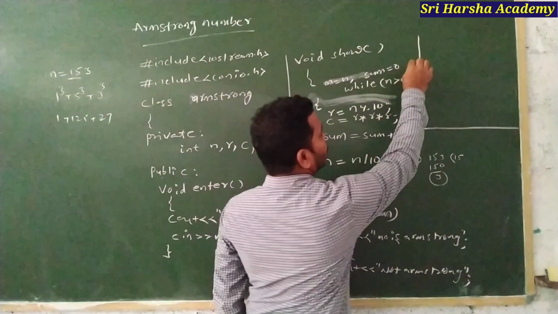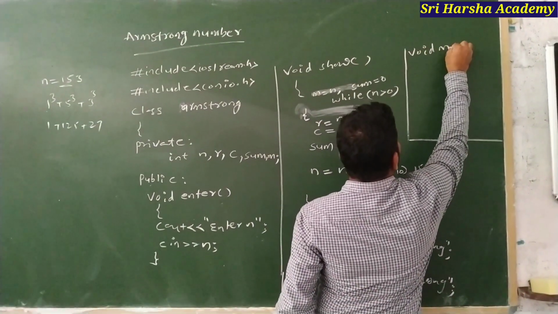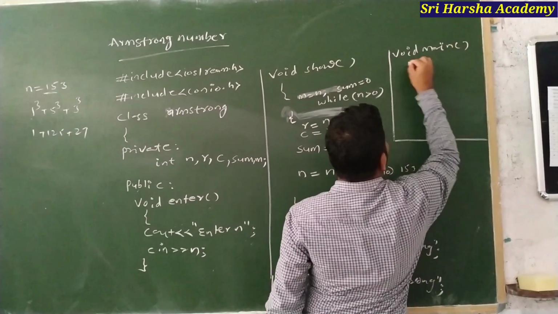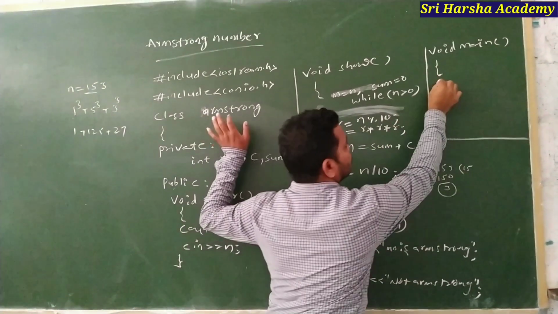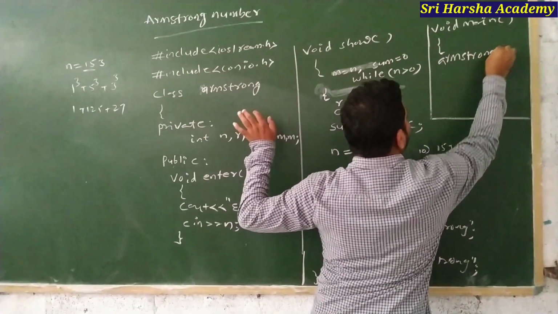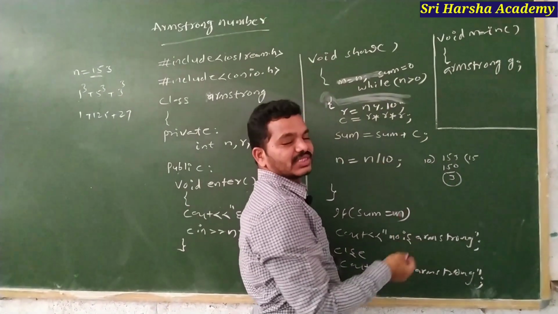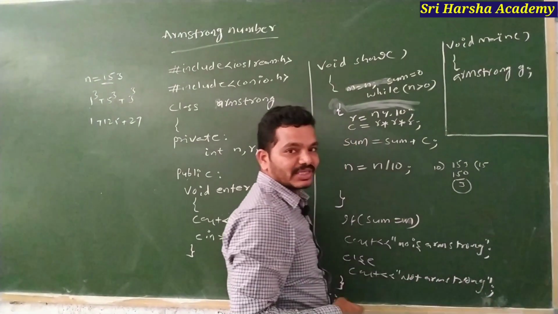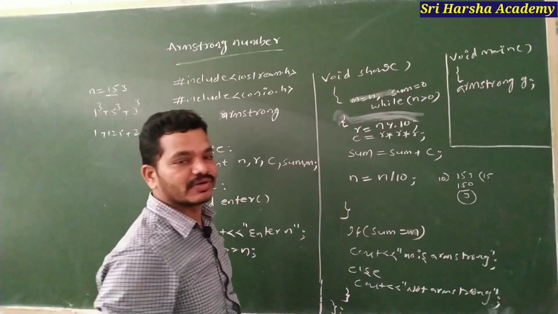Now we are going to write the main function, void main. Our class name is Armstrong. G is an object of the Armstrong class. I call the enter method and show method, then the logic is performed.